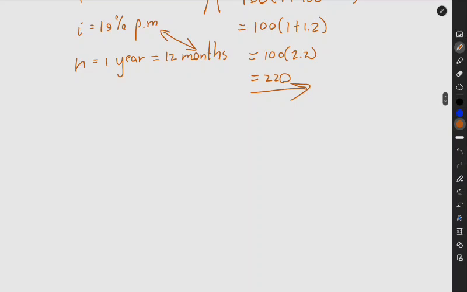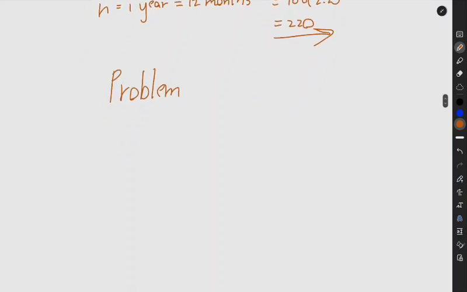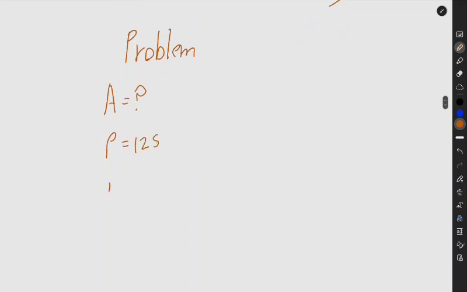Good. Now you have everything you need to tackle these kinds of problems. So here's a problem that you can pause the video and attempt, or simply keep watching as we solve it together. We're finding the accumulated, which is the unknown. The principal is 125.